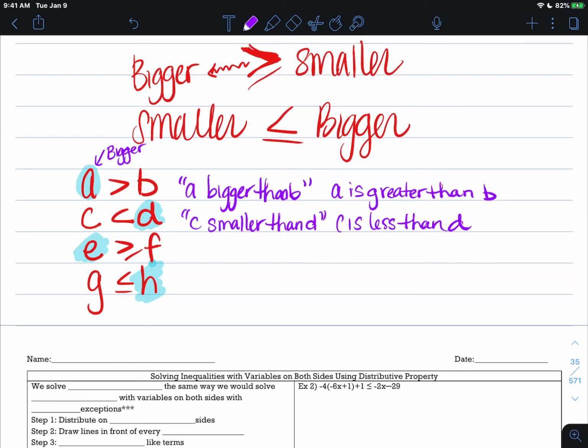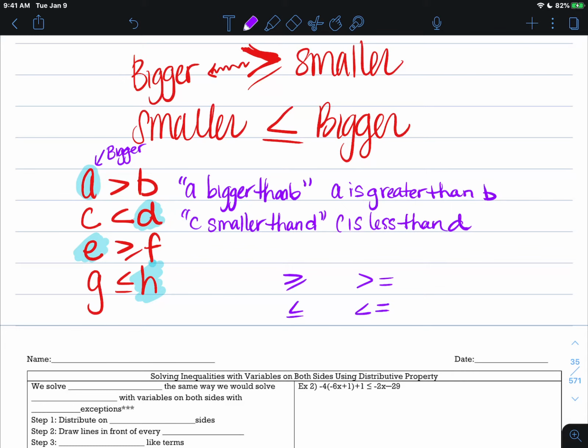Now, take a look at the next one. E bigger than F. But it has that extra line. So really, if you kind of think about that extra line, sometimes in older calculators, you'll see them write it like this instead of this. And even for this one, they might write it like this. The reason is that means 2 separate things.